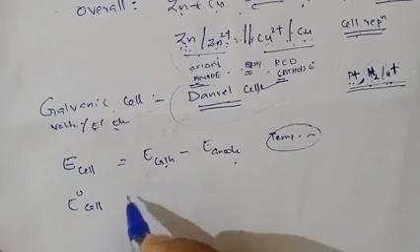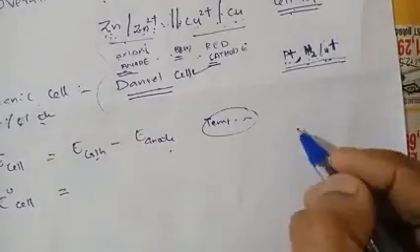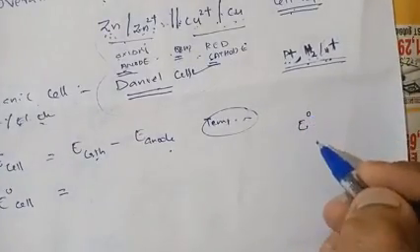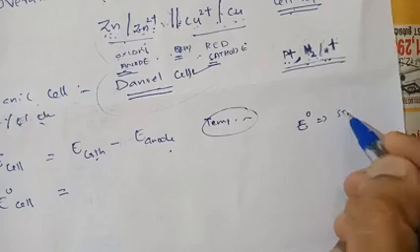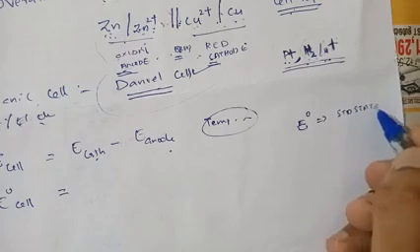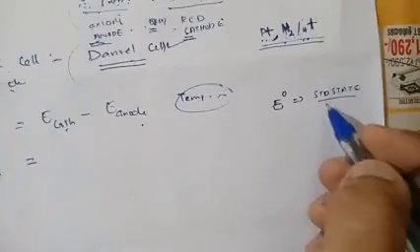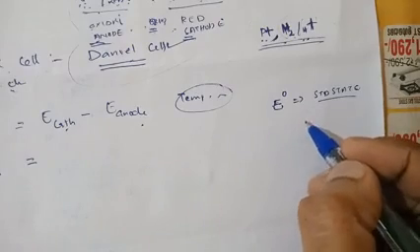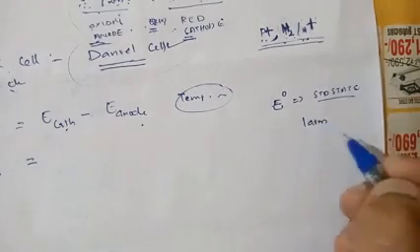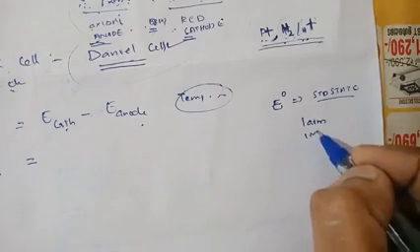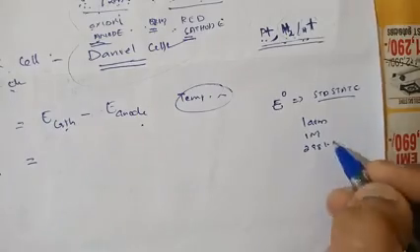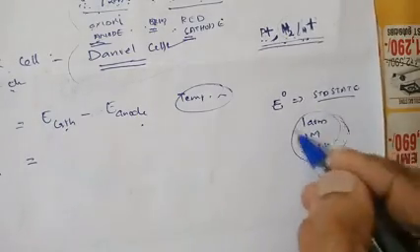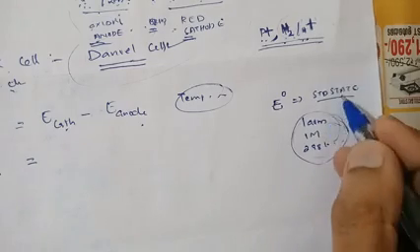So we have to use one more thing, E0 cell. What is meant by E0 cell is, if we represent E raised to 0, it represents the standard state. Standard state means there is a set of conditions like 1 atmospheric pressure, 1 molar concentration, 298 Kelvin, etc. This set of conditions, this menu card, is called standard state.